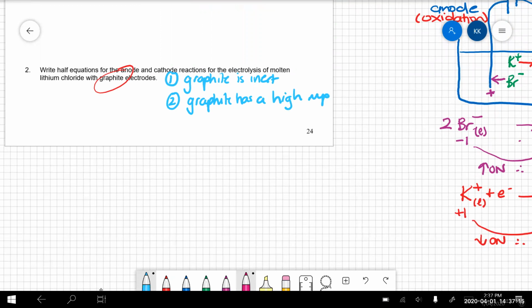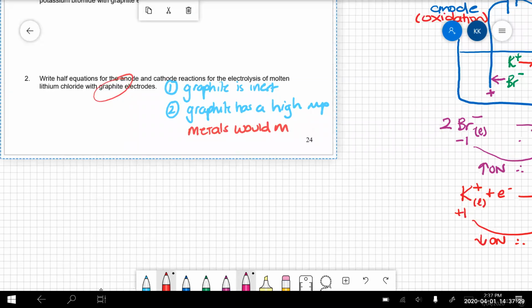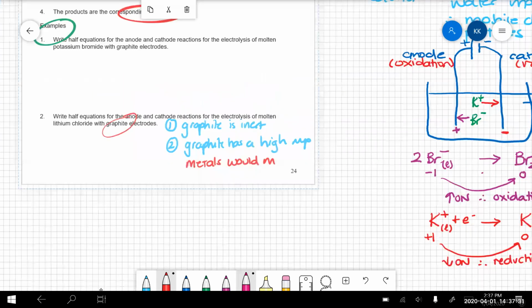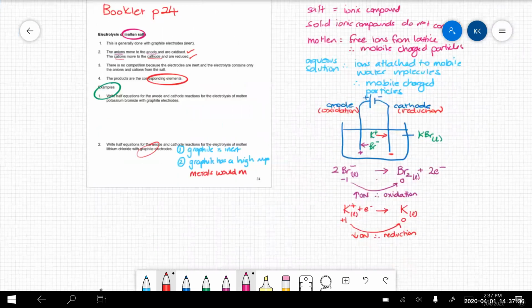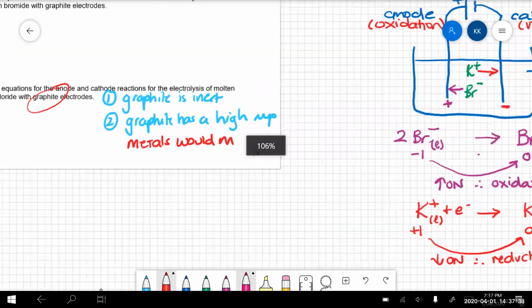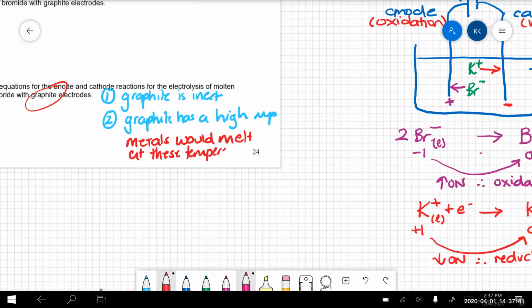Ionic compounds have some of the highest melting points, much higher than metals. So metals would melt at these temperatures, so we need to use graphite. Metals could also have redox properties that would interfere with our reaction.